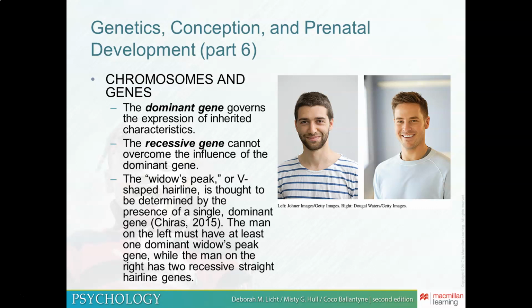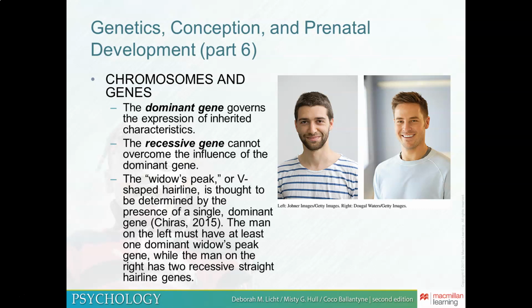Okay, so here's just an example of chromosomes and genes. There are two terms right here. Dominant genes govern the expression of inherited characteristics. So the important term is the expression of characteristics. Whereas a recessive gene cannot overcome a dominant gene.